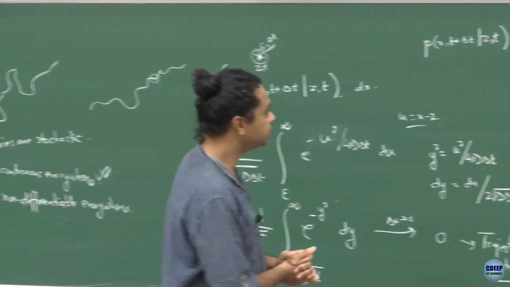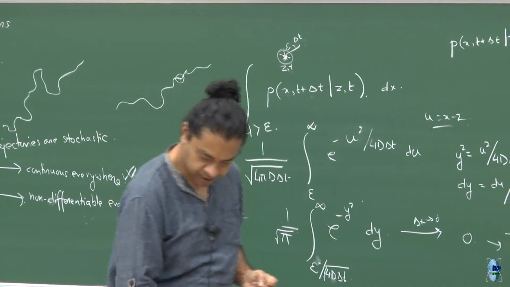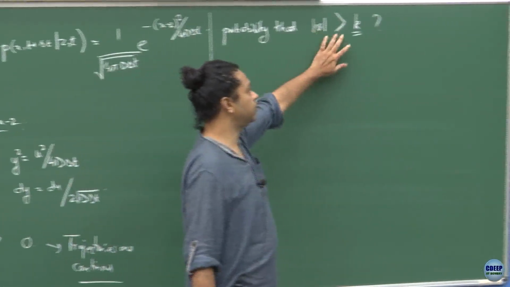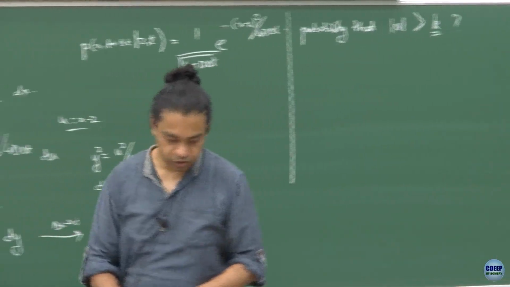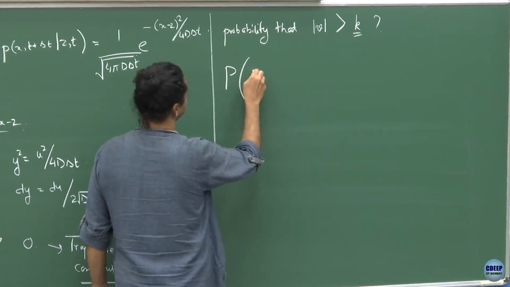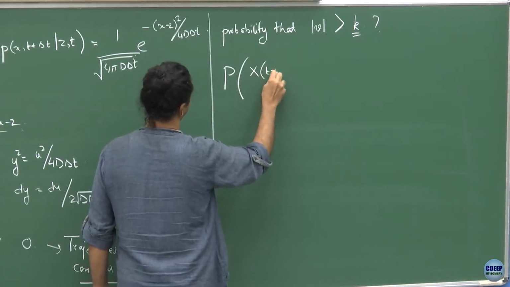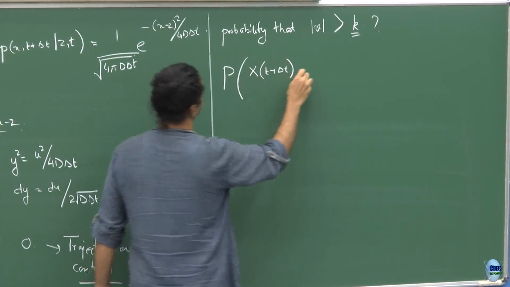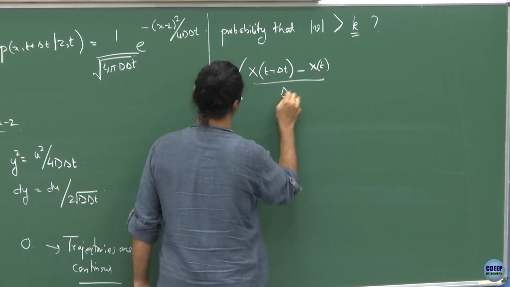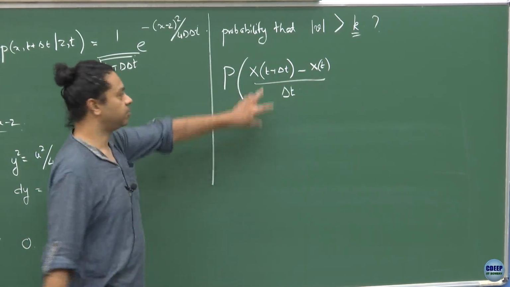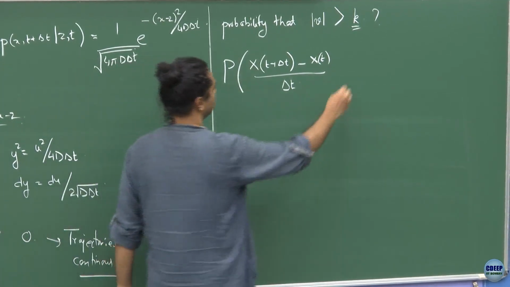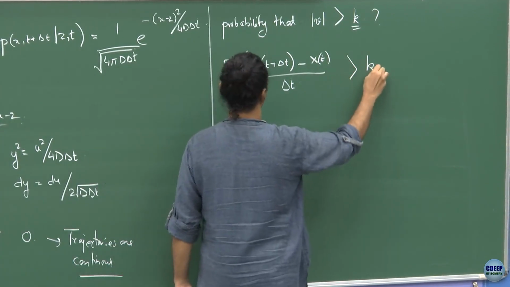Next, I want to show about these velocities, and I have asked what is the probability that the absolute value of the velocity is larger than some number k. So, mathematically, what I want to find out is the probability that x at time t plus delta t minus x at time t, divided by delta t, that is my velocity dx dt, is larger than some number k.